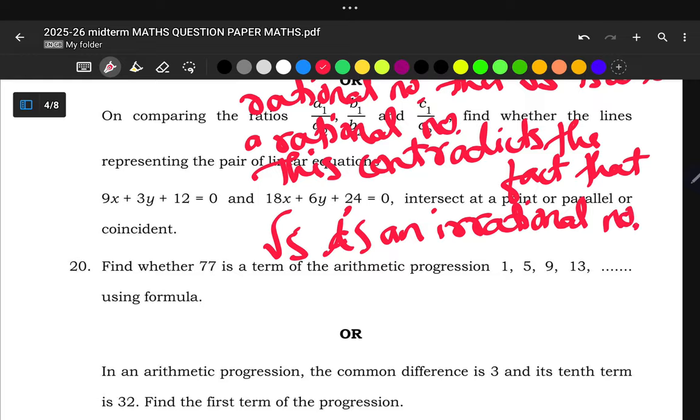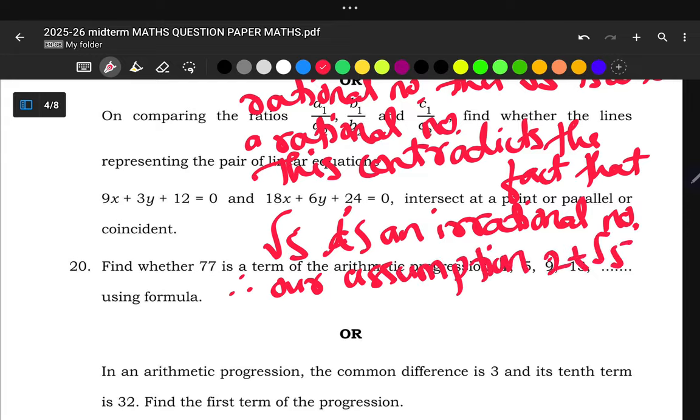Therefore, our assumption that 2 plus root 5 is a rational number is wrong.